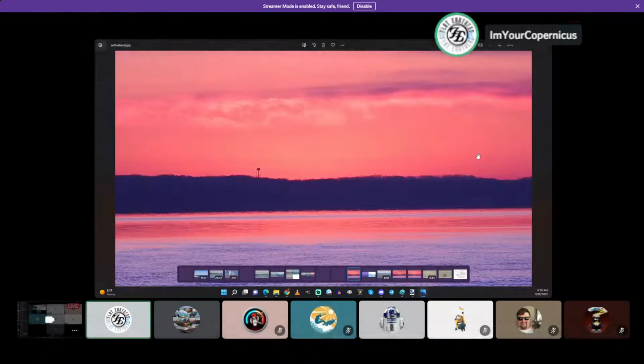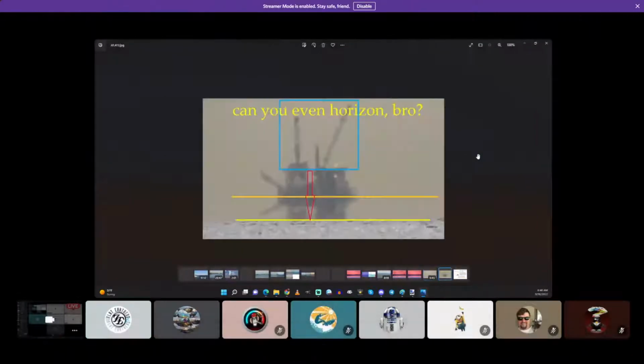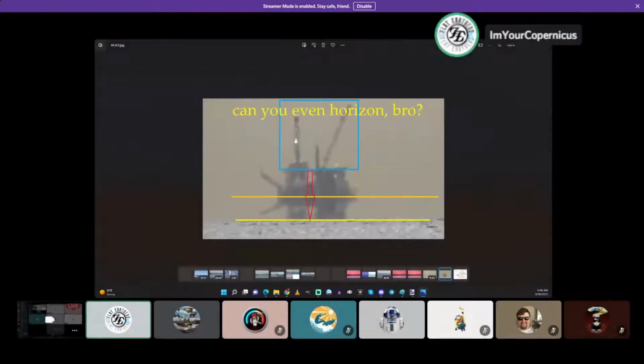All right, let me see if I can find something that's going to give you. So in this image, we have an oil platform. Okay. So you've got this boom here, this boom here. This is probably a control deck. You've got a boom right here. This boom comes down. This is the physical boom here.